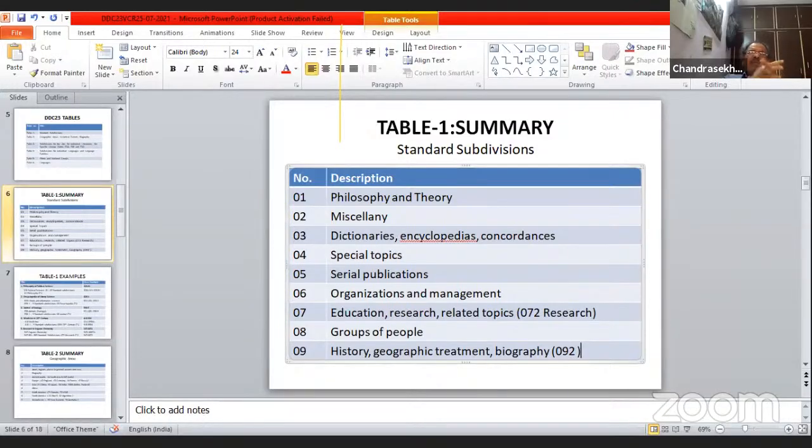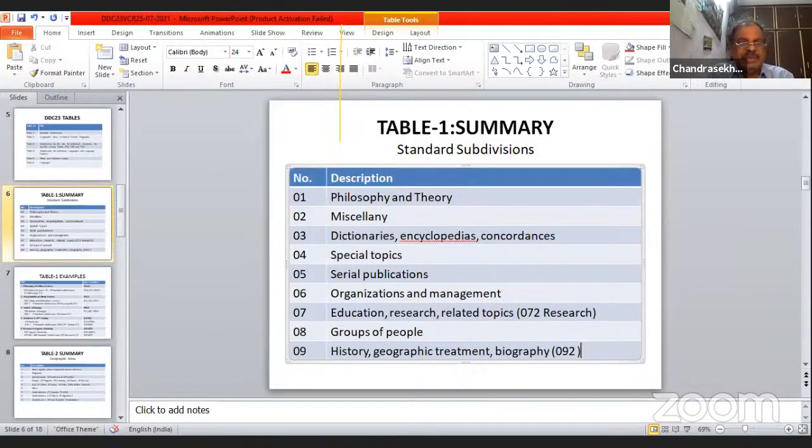Generally there will be a title like biography of C.V. Raman. What is the subject of C.V. Raman? In which area did he get the Nobel Prize? Physics. Sir C.V. Raman got the Nobel Prize in physics.